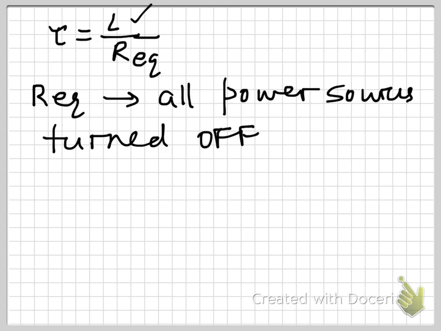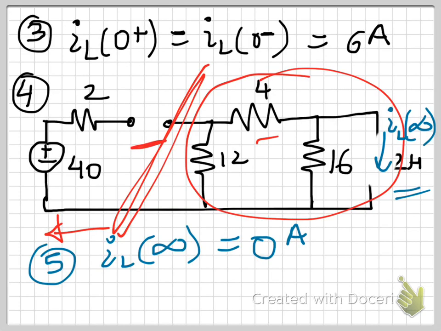Here in this circuit, it's the same circuit after t greater than 0. So this voltage source will be powered off, and here are the points where we are trying to look at the circuit.